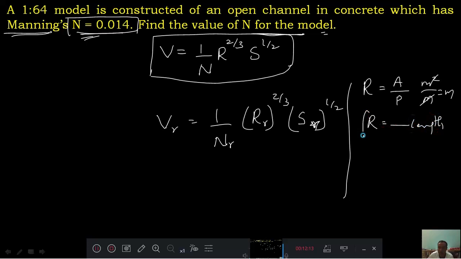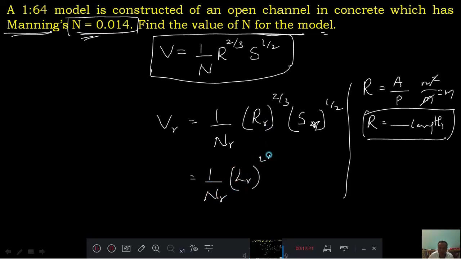So R means a length ratio to the power 2 by 3, right? Then this S is a slope. Slope has no dimension, therefore SR is equal to 1. It is dimensionless, considered to be 1.